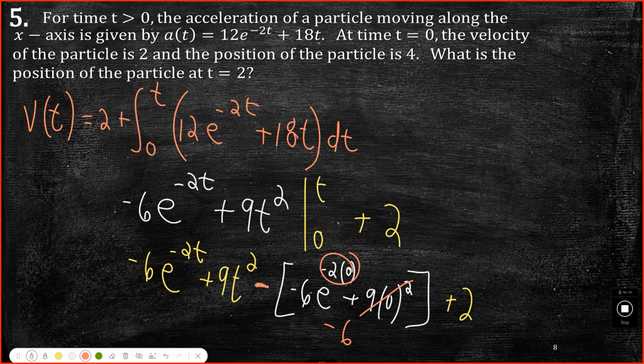Which is plus 6 plus 8. So you have to be really careful with exponential ones when we're doing this. So then v of t equals negative 6 e to the negative 2t plus 9t squared plus 8.